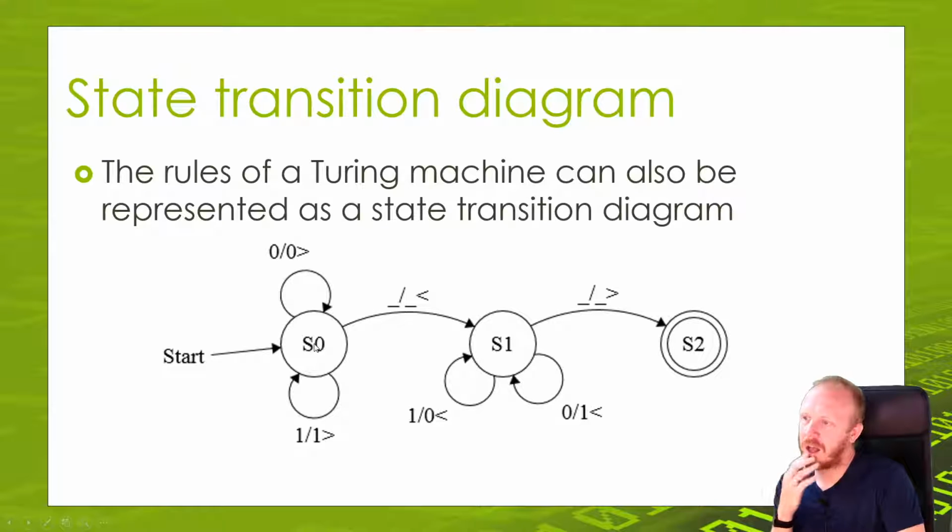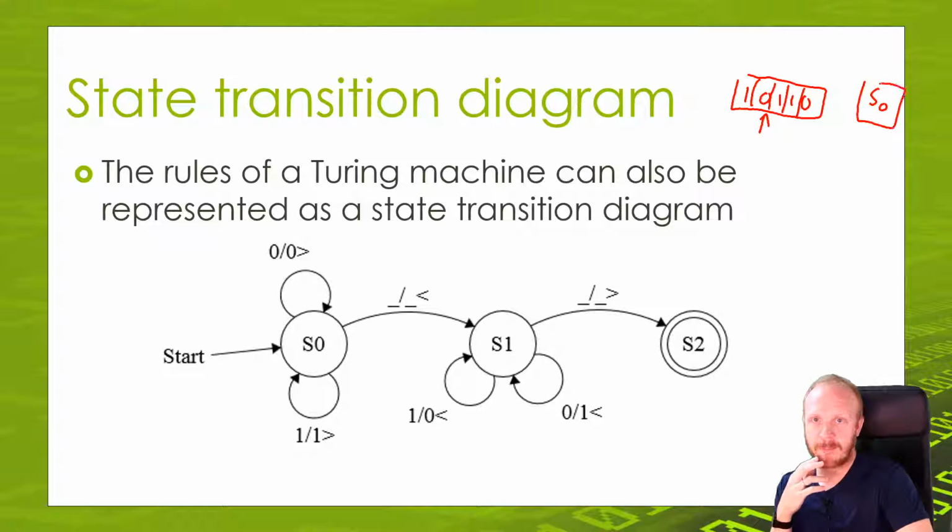So let's get to some drawings. Let's say our tape is 1, 0, 1, 1, 0, and we're pointing at this one, and we're in state 0. That's the current state of our Turing machine. And we need to know what to do next.